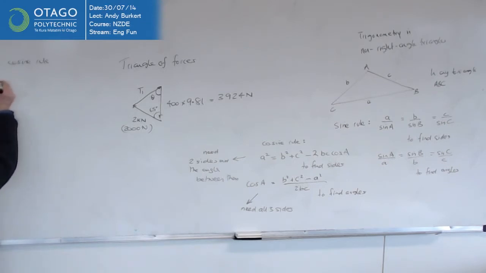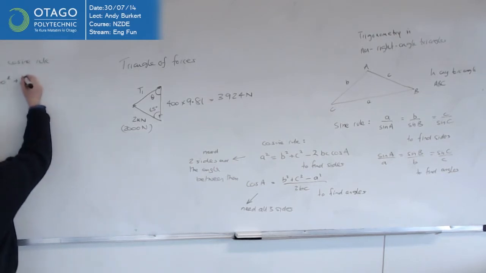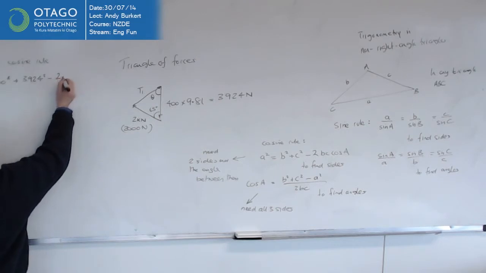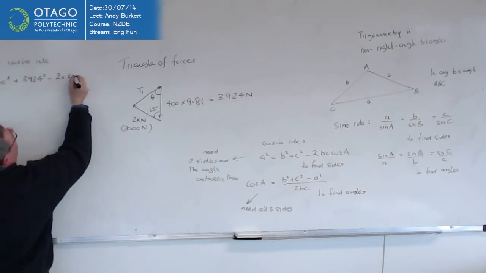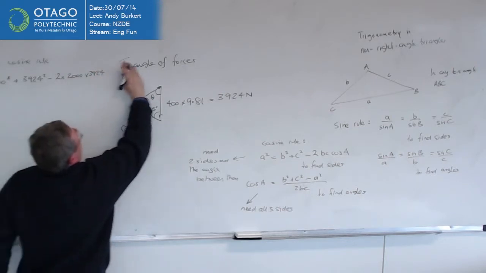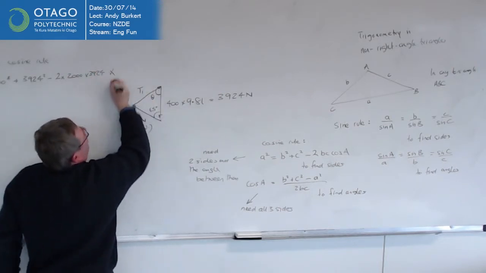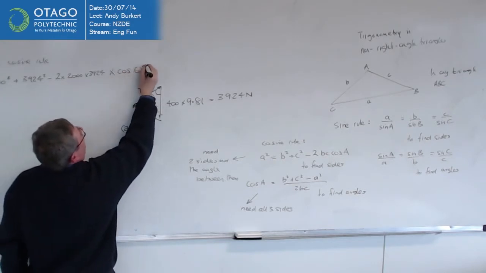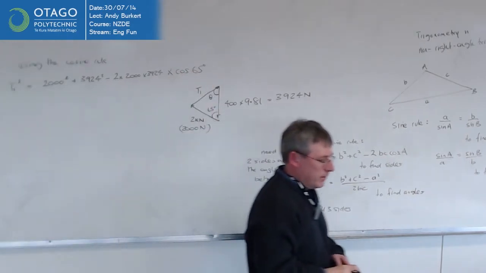I can put 2000 squared plus 3924 squared minus 2 times each of these numbers times the cosine of the angle between them, so times cosine 65 degrees.